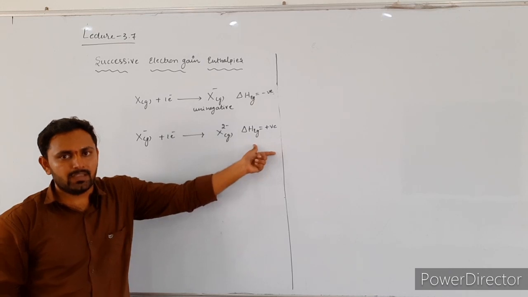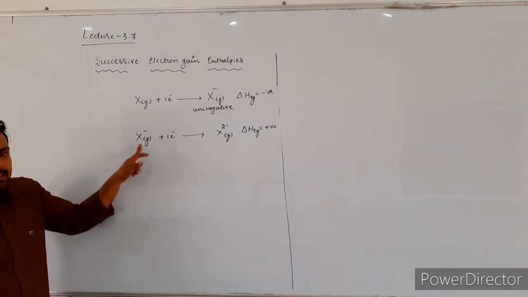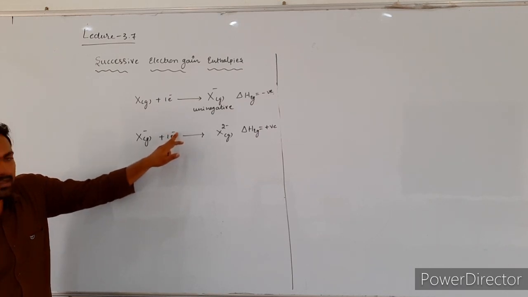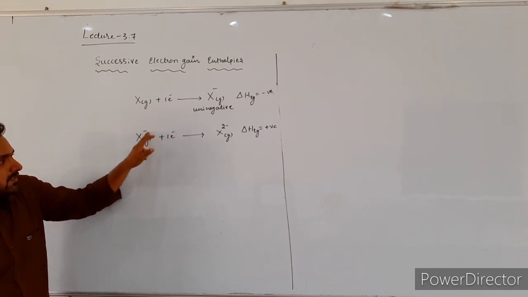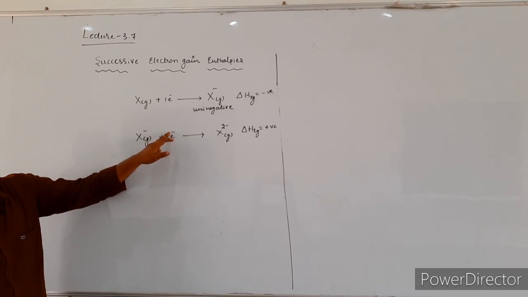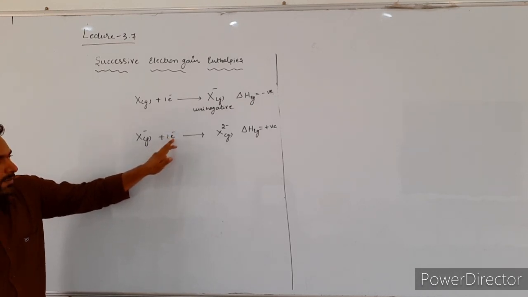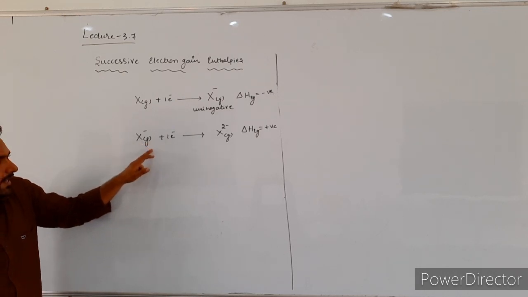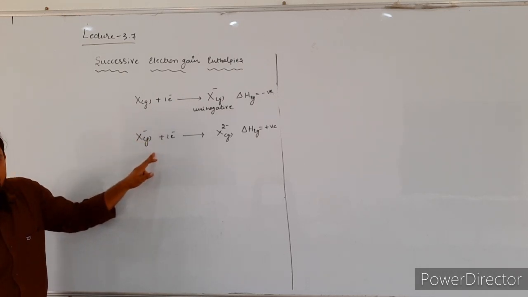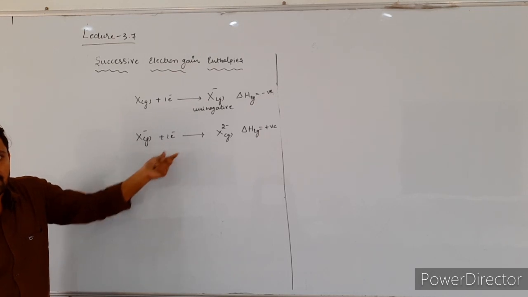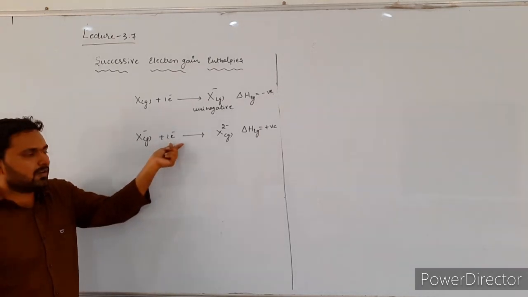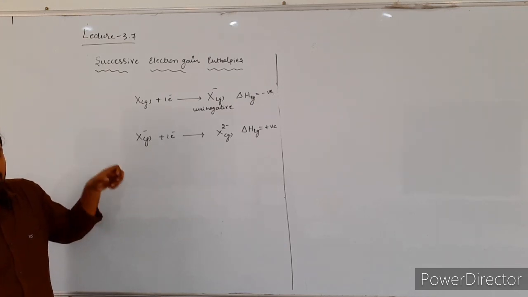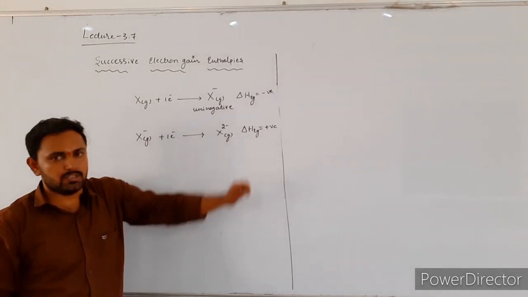Positive means endothermic, because here the ion is negatively charged and the extra incoming electron is also negatively charged. Due to the same charge, there is more electron repulsion between the incoming electron and the negatively charged ion. That's why the negatively charged ion will not accept the incoming electron. That's why to add an electron to a uni-negative ion, we need energy. That's why delta H is positive.